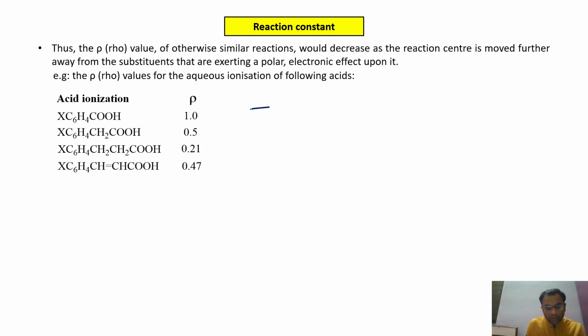Now, if we consider the ionization of benzoic acid, this is X, the substituent at meta or para position.